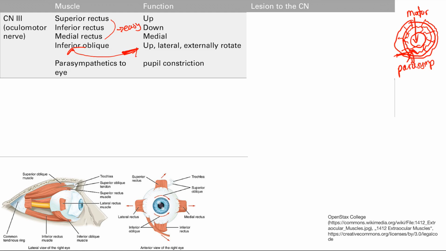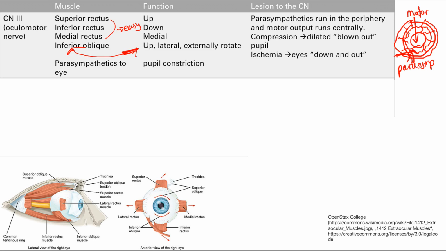And the way your eyes will be presenting is it's going to be down and out. The reason for that will make a little more sense in a second. If you're knocking out 4 of these muscles, the last 2 remaining muscles are going to be moving the eye however they want, and your eye is going to be in the position dictated by those remaining 2 muscles, which make your eye go down and out.